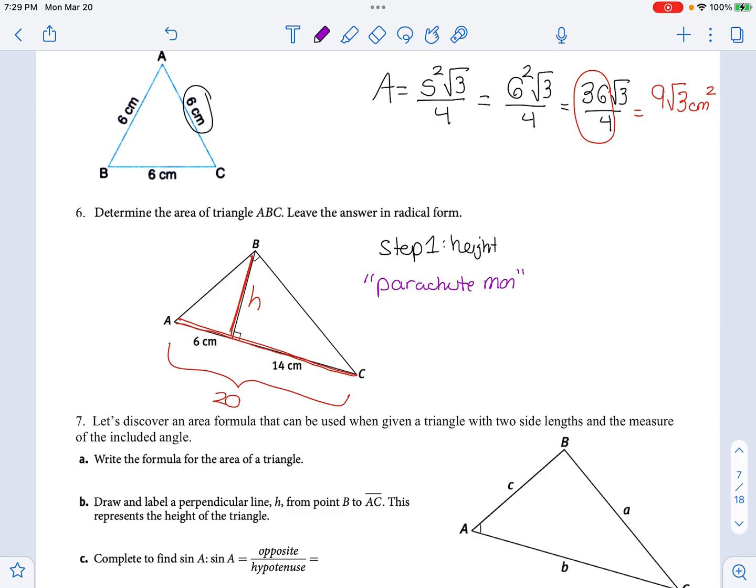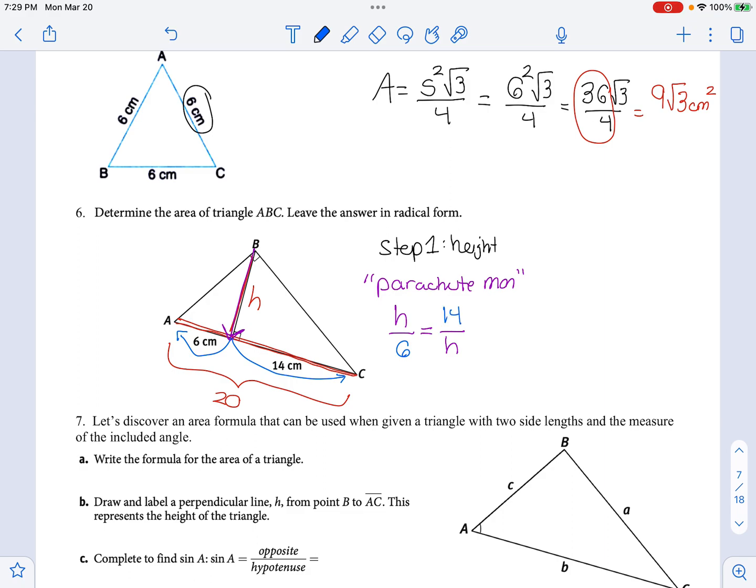And again, as a reminder of what parachute man is, we're going to come down the height. We're going to come down this side. The side that we come down, that's what goes in my proportion twice. Once we're down at the bottom of the triangle, we can either go to point A, that's my 6 centimeter distance, or we can go to point C, that's my 14 centimeters.